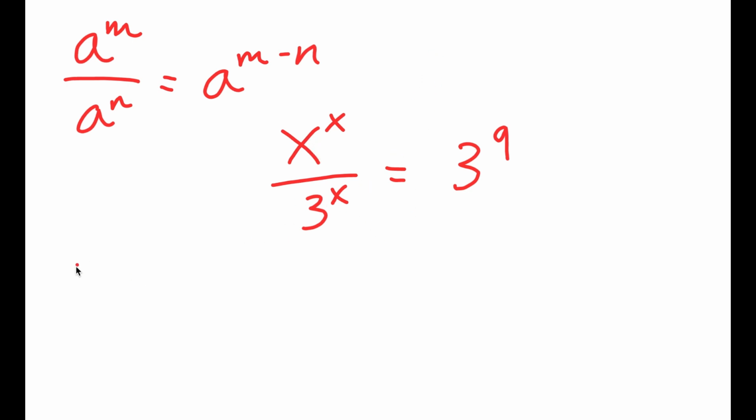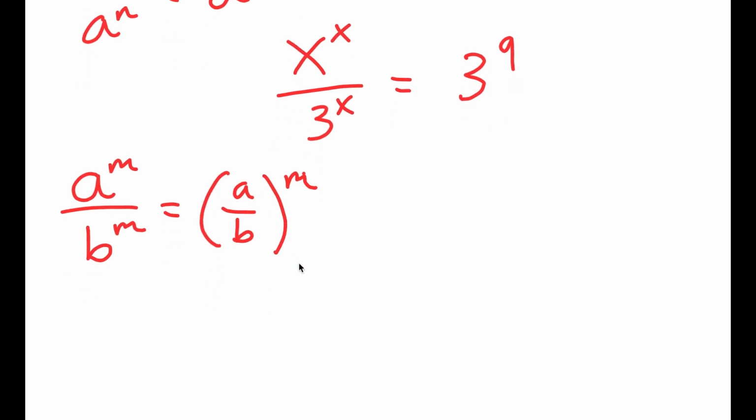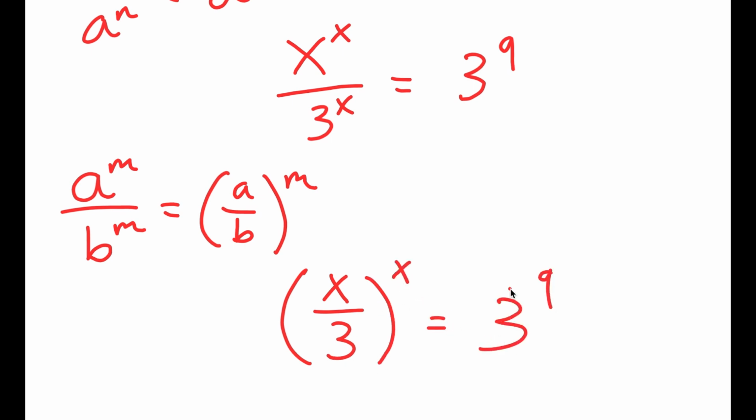Now, if I have something in the form a to the power of m over b to the power of m, this is equal to a over b to the power of m. So x to the power of x over 3 to the power of x is equal to x over 3 to the power of x, which is equal to 3 to the power of 9.